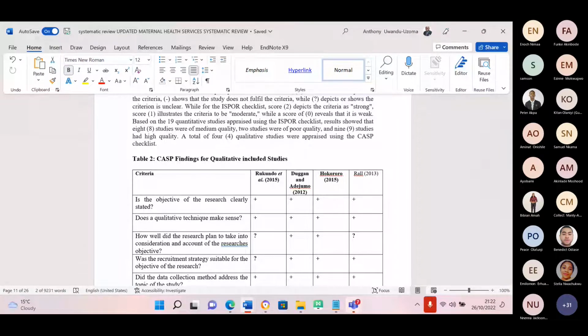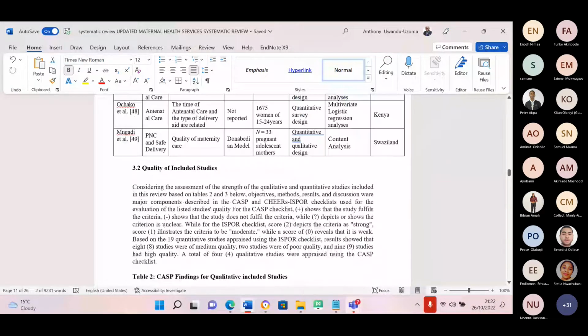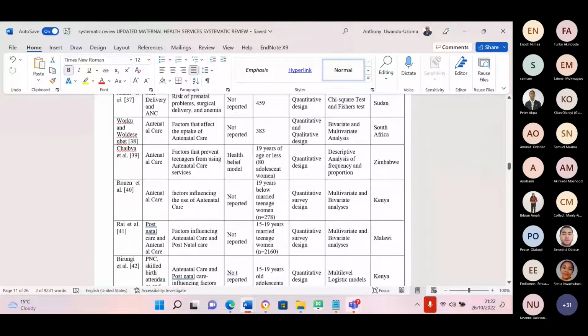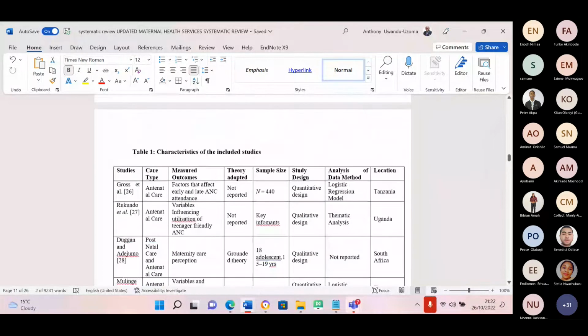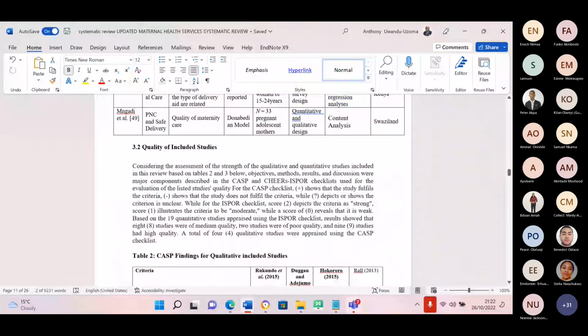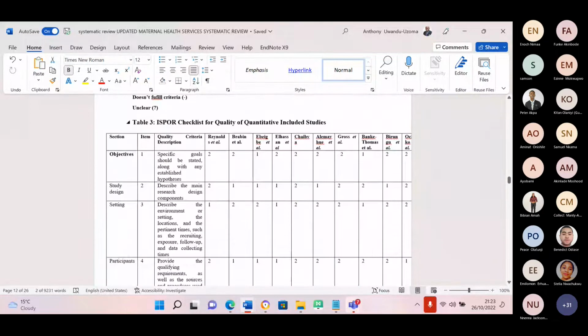Apart from these appraisal tools, the rest of the steps, the question, all of them are similar. So this is what a systematic review looks like.